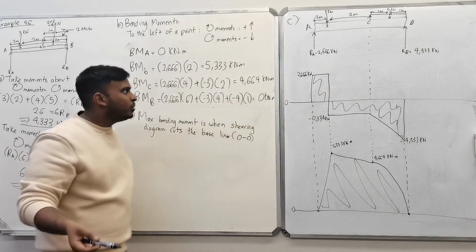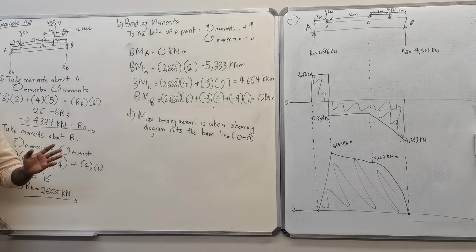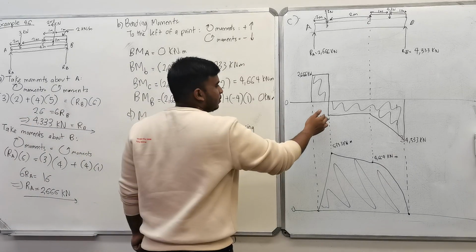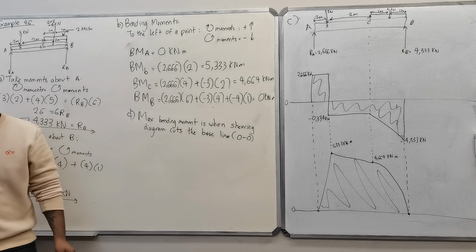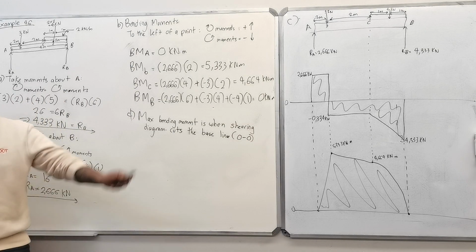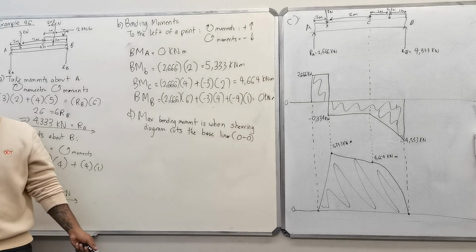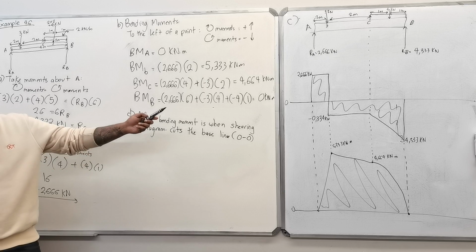You could just say 2 meters multiplied by whichever force, you can work out the moment of it. If it cuts at this point here, you work out the moments of everything to the left of it, which is just RA. And RA acts how many meters from that point? 2. So the value would be 5.33.